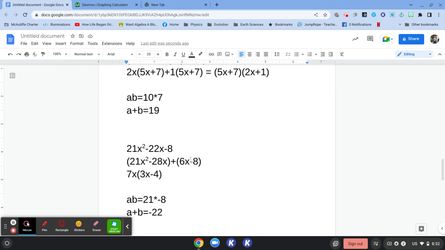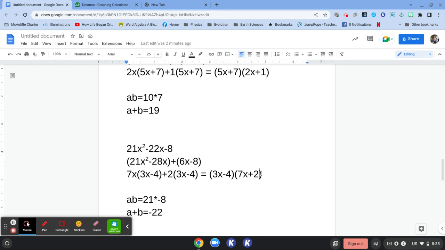I can factor a 2 out of those, so plus 2, and then it's going to be times 3x minus 4 once I factor that out. And now I have a shared factor between 7x and 2, the two greatest common factors, of 3x minus 4. And then I can make the other factor the combination of those two greatest common factors, and I am done.